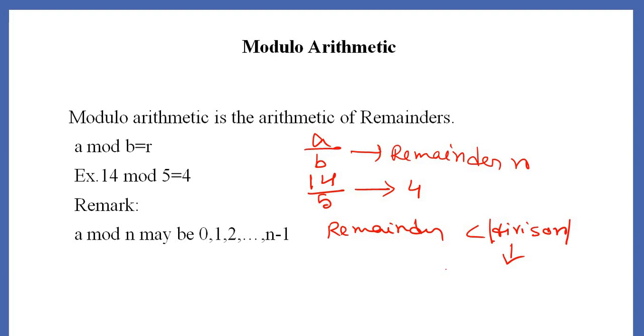I hope you all have understood. Here you can check 5 is the divisor and we got the remainder 4, and 4 is less than 5, therefore this satisfies the condition. Now we will take some examples related to modulo arithmetic.